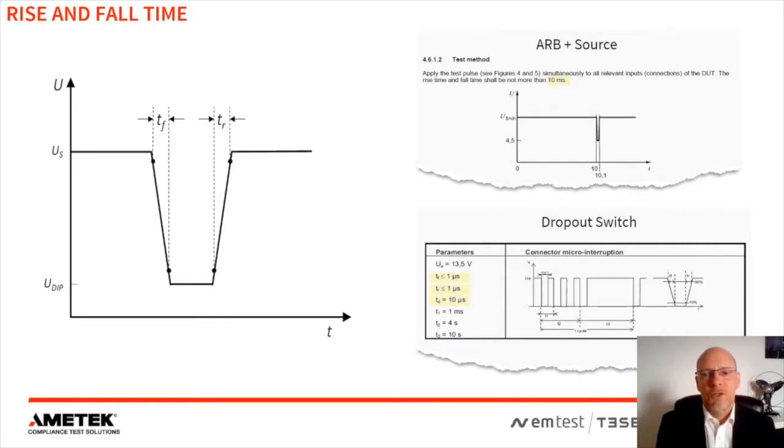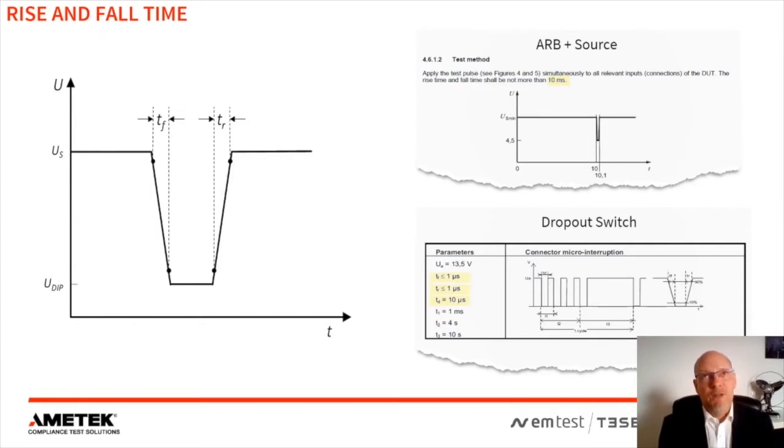So the top one, with 10 millisecond rise and fall time, you can do with a programmable source. The bottom one uses a dropout switch, because it requires a rise and fall time of less than 1 microsecond. So those are already two clues about what the standard writer intends for me to do.